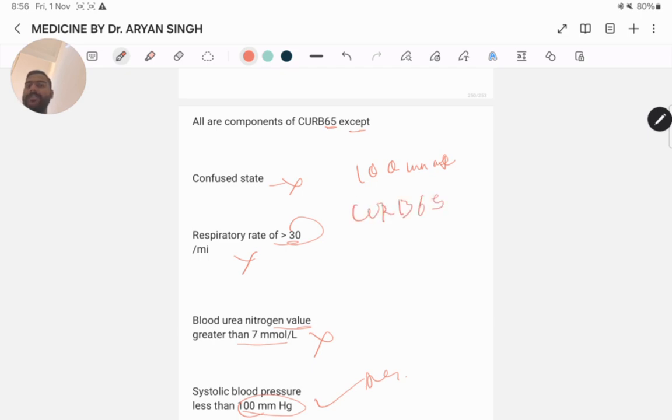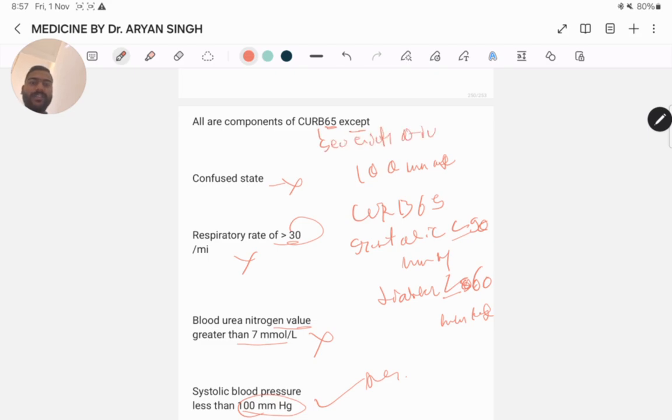CURB65 includes systolic blood pressure less than 90 mmHg or diastolic 60 mmHg. CURB65 criteria is used to assess the severity of illness in case of community acquired pneumonia.